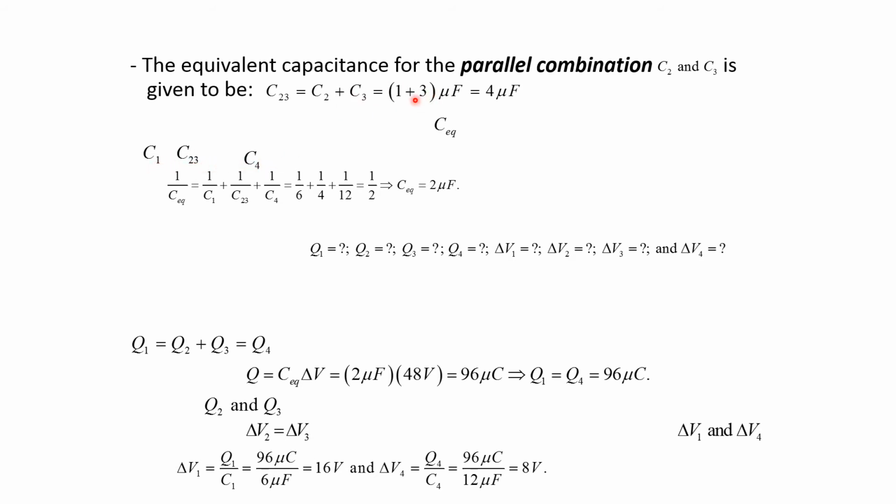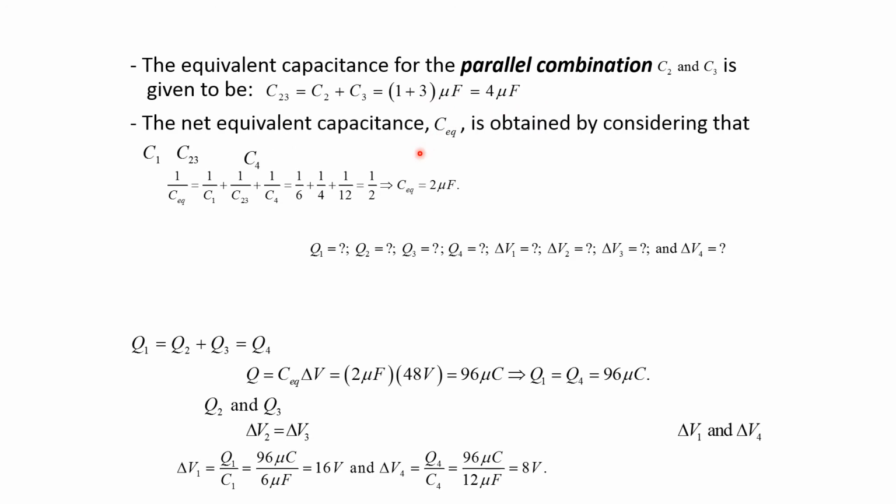Here C2 equals 1 microfarad and C3 equals 3 microfarad, so the equivalent capacitance of the parallel connection of 2 and 3 is 4 microfarad. The net equivalent capacitance of the circuit is obtained by considering that C1, C23, and C4 are connected in series.